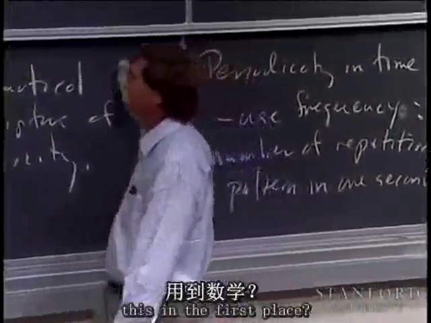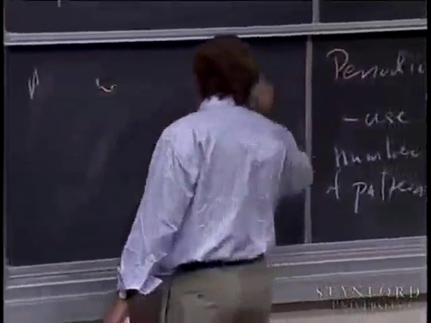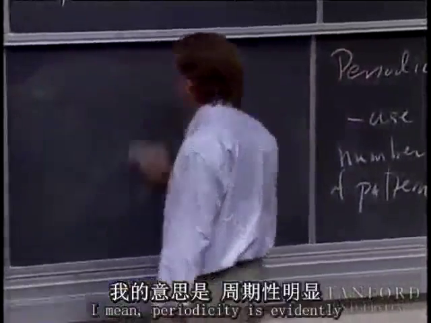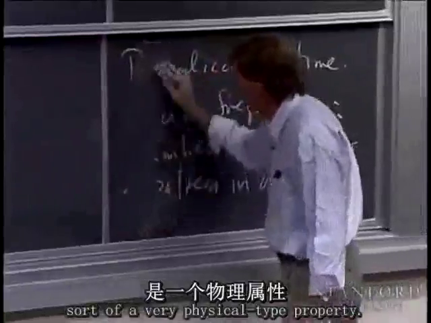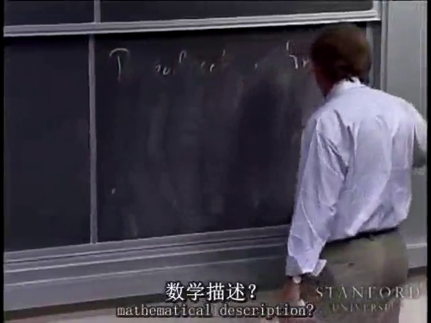Why does mathematics come into this in the first place? I mean, periodicity is evidently a very physical type property. Why does it allow any kind of mathematical description?